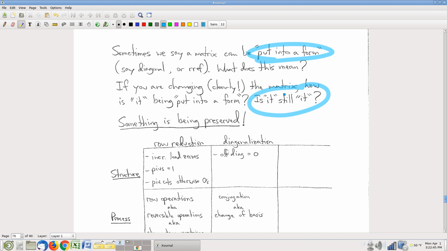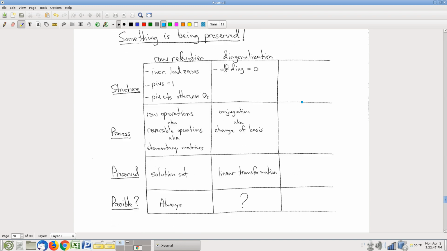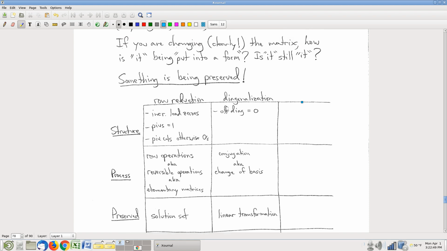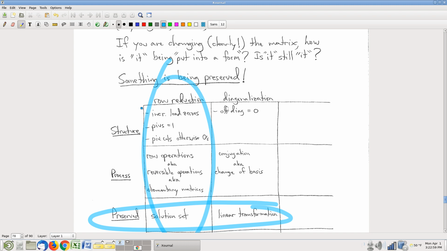So the way I want you all to think about that is, as we were discussing last time, that really there is an underlying thing that we're ultimately interested in. When we were talking about row reduction, what we were really interested in is the underlying solution set. The matrix that was given, the A or whatever that was given, was clearly an awkward way to describe what we're really interested in, namely the solution set.